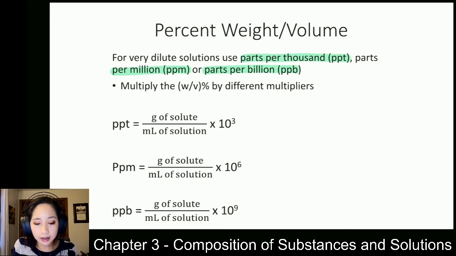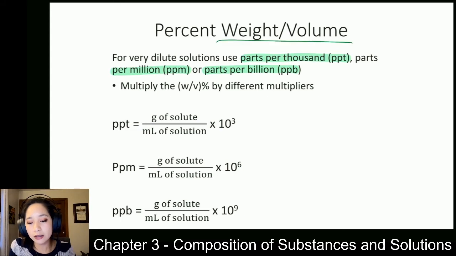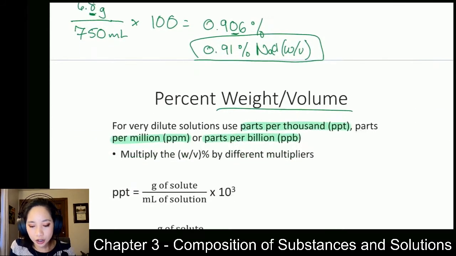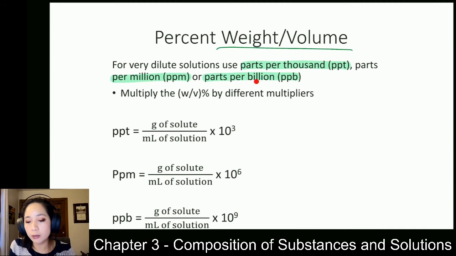Those terms come from, or are related to, your percent weight volume calculation. So you want to think about grams of your solute over milliliters of solution. This will help you get to parts per thousand, parts per million, parts per billion.